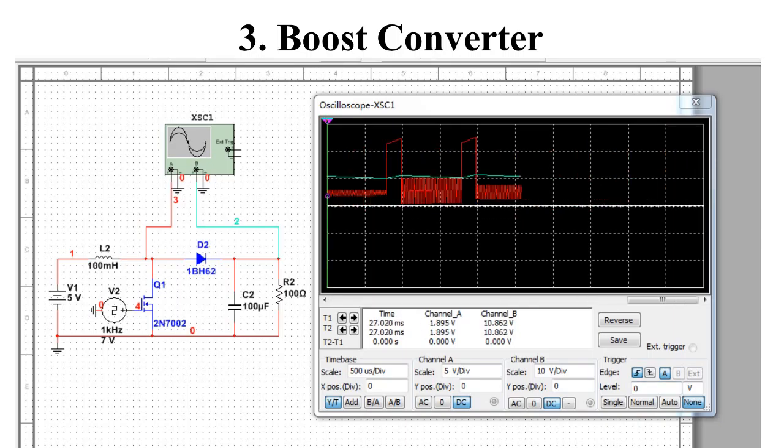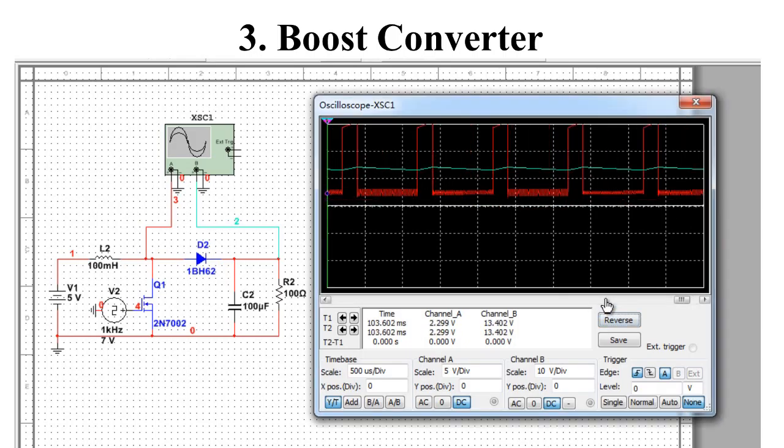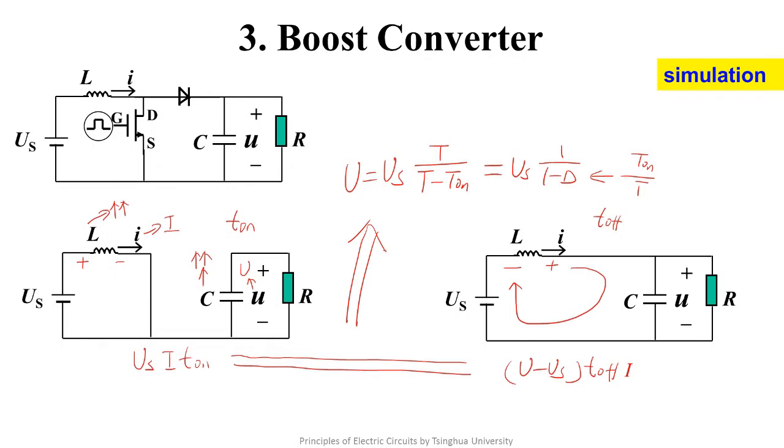You can see that after we increase the duty cycle, the output voltage changes into 13 to 14 volts. Through the simulation circuit, we can find that the boost converter realized the increase of the DC voltage well.